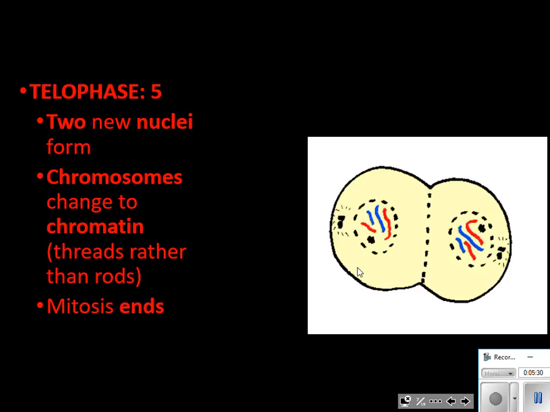The envelope was disintegrating, right? So the nuclear membrane, or the nuclear envelope, was disintegrating. Now we can see that it is starting to reform. So I can see that I have two nuclei starting to form there.